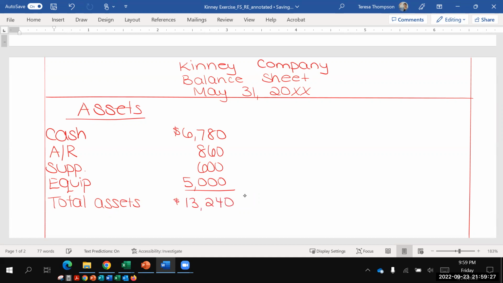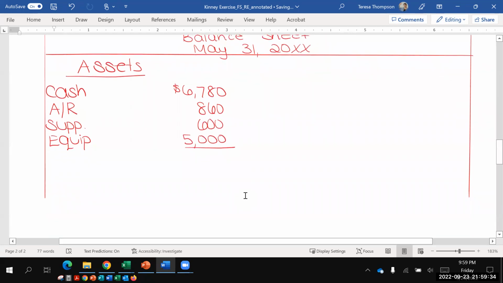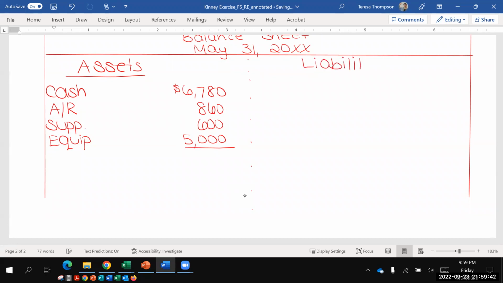You know what, let me bring that down. So I'll kind of wait to total that just so we can make it a little bit easier to see. And again, we've split this statement into halves, assets on one side, liabilities and equity on the other. Our liabilities, I believe we just had the one, accounts payable.